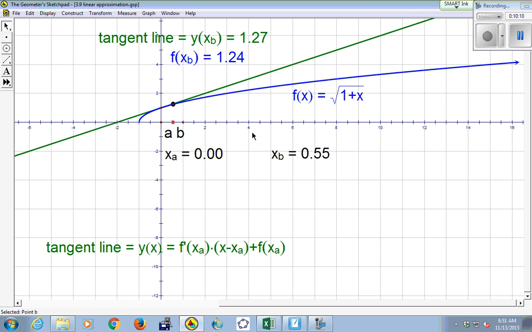I can use the line, which is much simpler than the square root function, as a substitute. As long as I'm near 0, the y values are really, really close, even as I get pretty far away, right? 1.59 and 1.47 are still pretty close together. Okay, so in this local region near 0, almost indistinguishable.